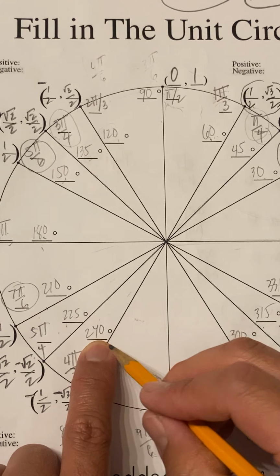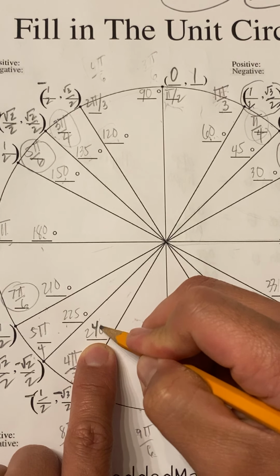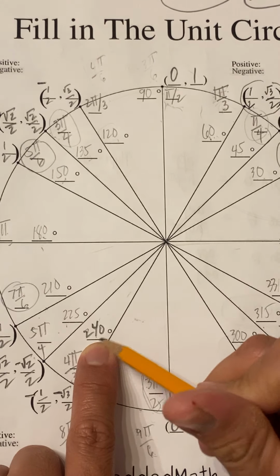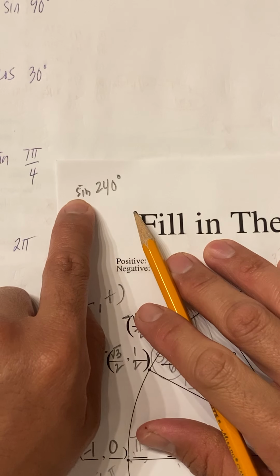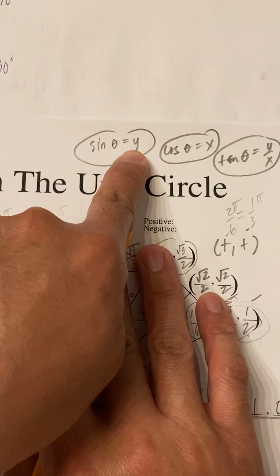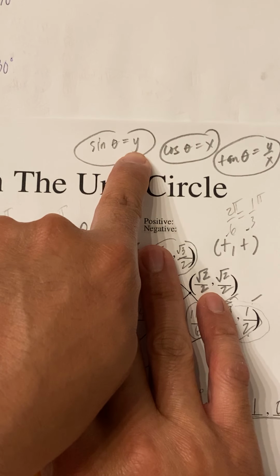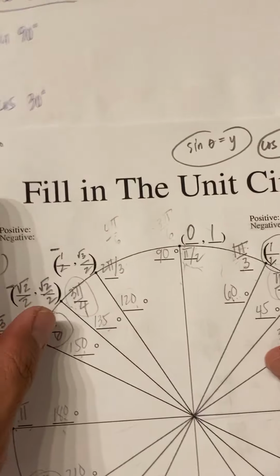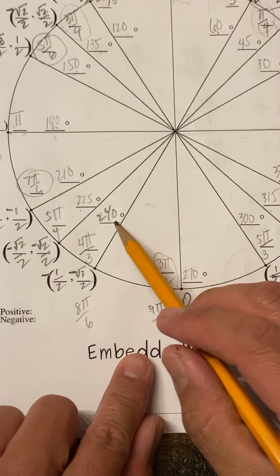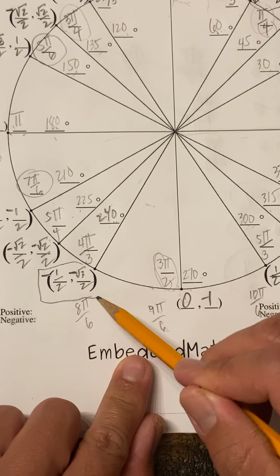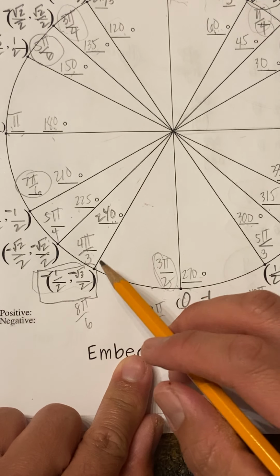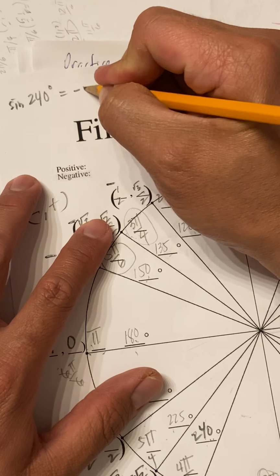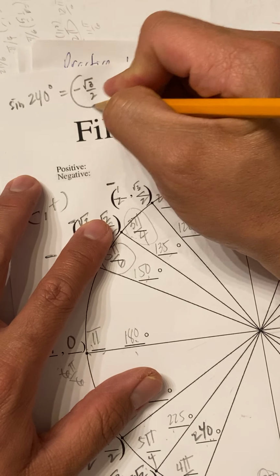See it? Now, if that's 240, the question is, what is sine? Sine is y. So whatever the y coordinate at 240, that will be the answer. So where's the 240? 240 is right here. What's the y value in the coordinate here? It's negative square root of 3 over 2. So sine 240, the answer is negative square root of 3 over 2. And that's the answer. Okay?